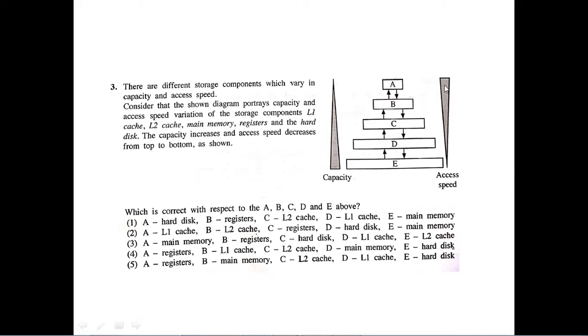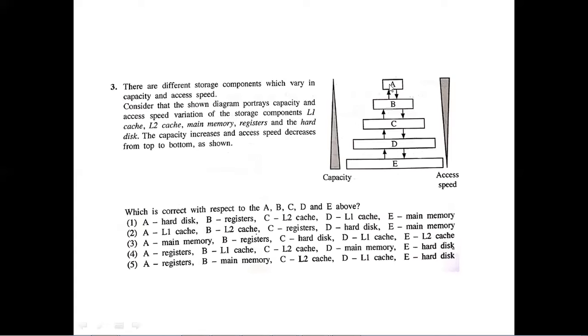So if you arrange these memories in this chart, on the top of this sketch there should be the register memory among the memories and storage devices given in the question.